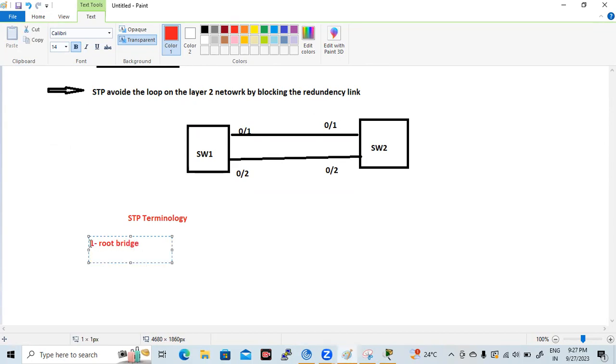Second, the BPDU. Third, the root port. Then the designated port. Four things we have to understand.